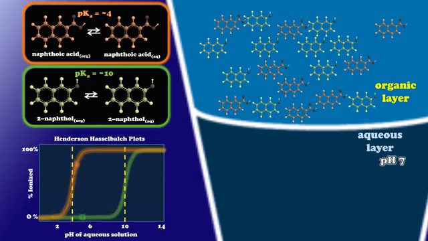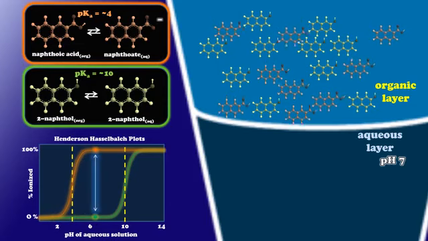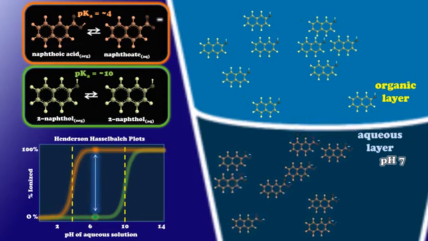But if I change that pH to 7, there's a huge difference between their percentage ionized, meaning that I expect my naphthoic acid to move into the aqueous layer as naphthoate anion. At this point, if I were to separate my two immiscible phases, I would be affecting a separation of the two compounds.